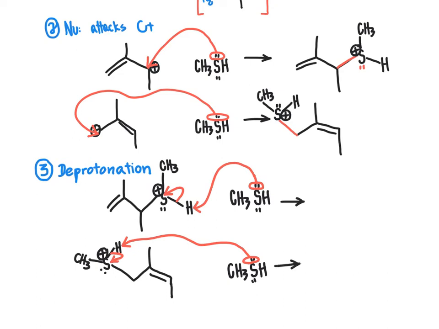So we're going to end up with 2 different constitutional isomers as a result of the reaction that we're doing here, because of the fact that we had that resonance step going on. So we had 2 different carbocation intermediates due to resonance, and therefore we're going to end up with 2 different constitutional isomer products here.